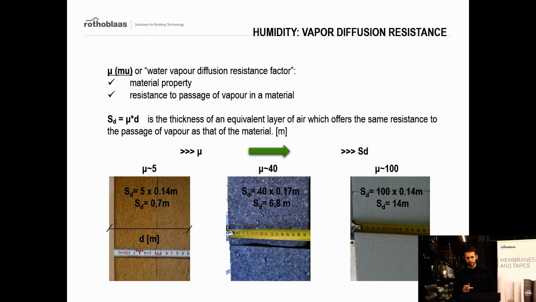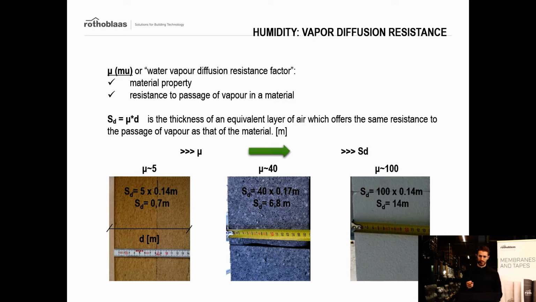Another very important thing about material is the SD, and the SD is an indicator of the resistance that a certain material is offering to the passage of the vapor. So we're going to see again the SD when we talk about membranes, because it's very important to study the SD when you're choosing the right membrane.